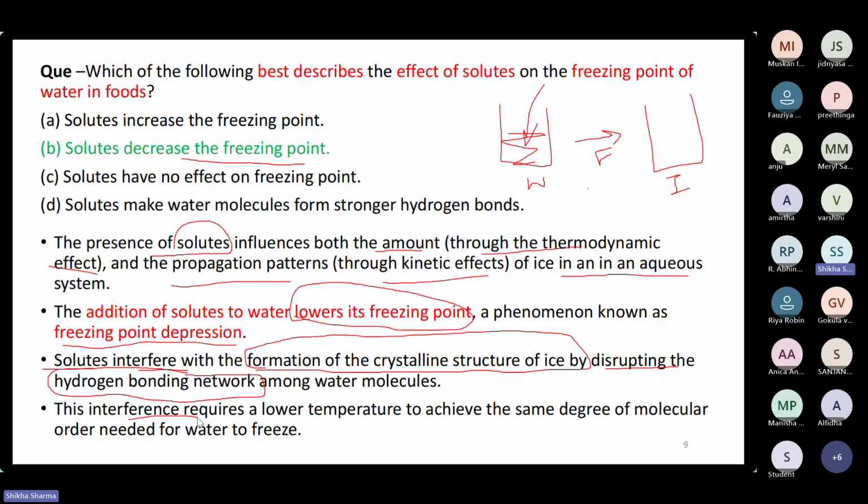This interference requires a lower temperature to achieve the same degree of molecular order needed for the water to freeze. Since the solute is interfering with the structure of the ice, we need a lower temperature to freeze the water. Because of that, we say that solutes decrease the freezing point.